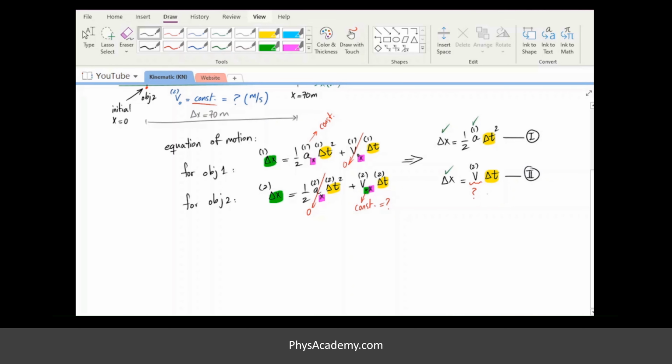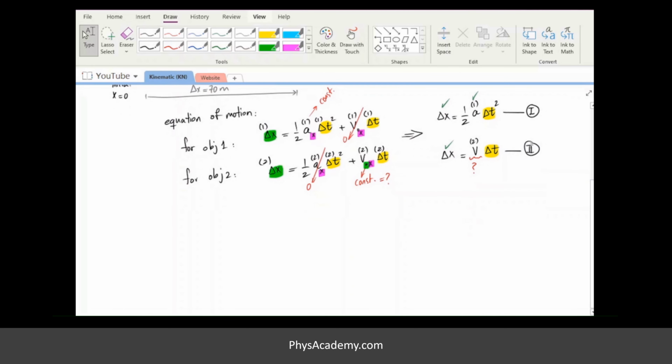You see, if I knew delta t, I could go straight to the second equation and find the velocity. Anyway, we don't have a value for it yet, but we can find it from the first equation. So, as I said, for equation 2, we can find what the velocity is, but we need to calculate delta t first.